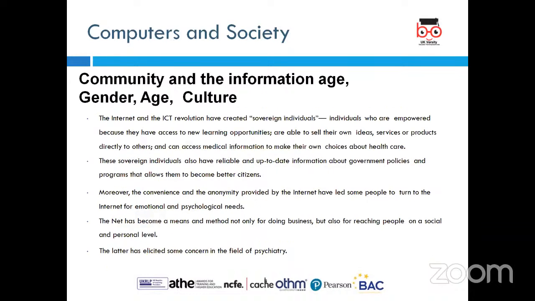So now let's look into how this information technology has been used within the community and in different ages.